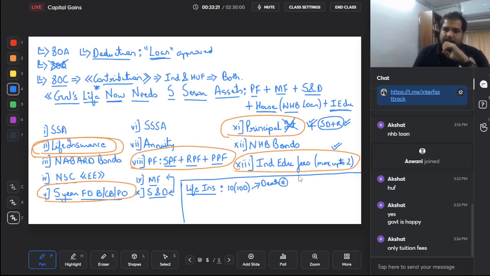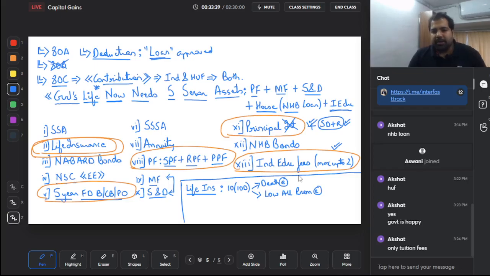Yes, it is completely exempt. And when the premiums are low, all the premiums are low, we'll see soon what is low, but if all the premiums are low, then it is exempt. So on death of a person and on low premiums, it is exempt.